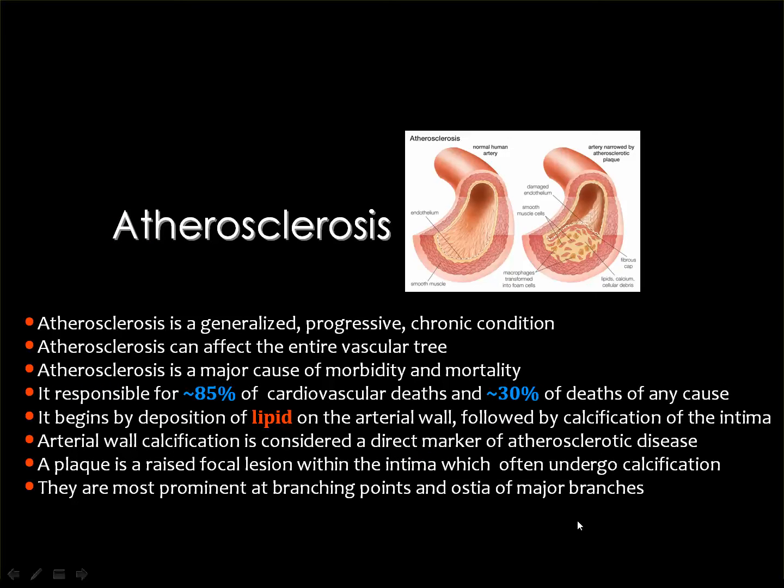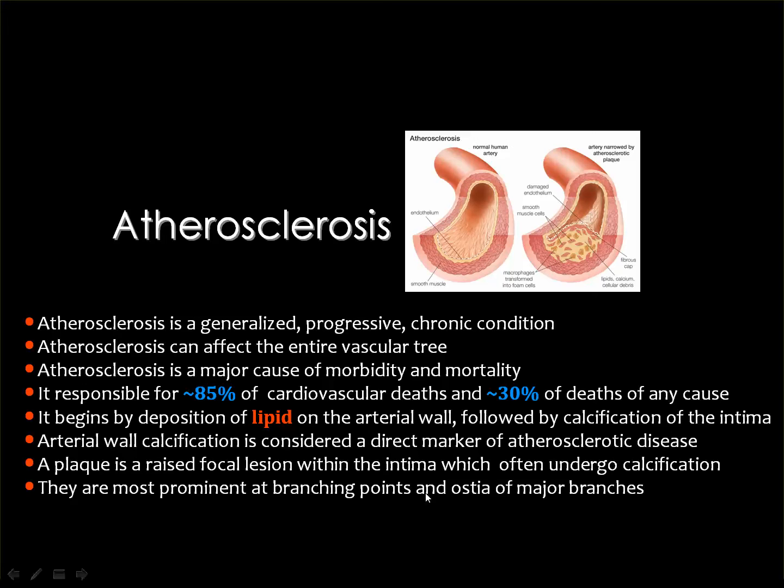Then arteriosclerosis is a generalized progressive chronic condition, and it can affect the entire vascular tree, and is a major cause of morbidity and mortality. It is responsible for about 85% of cardiovascular deaths and about 30% of deaths of other causes.